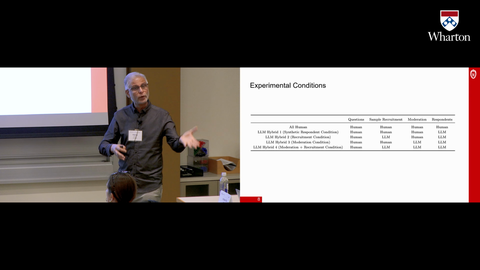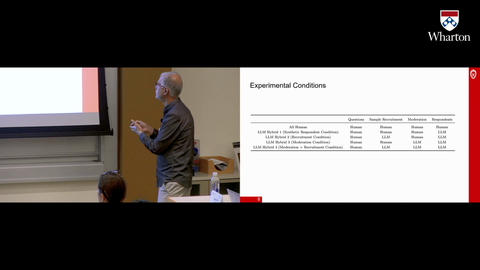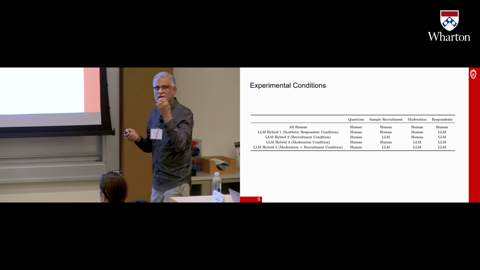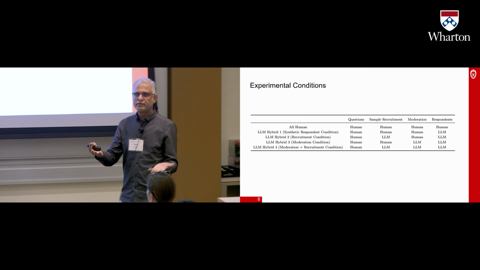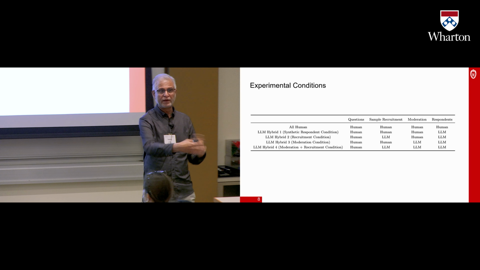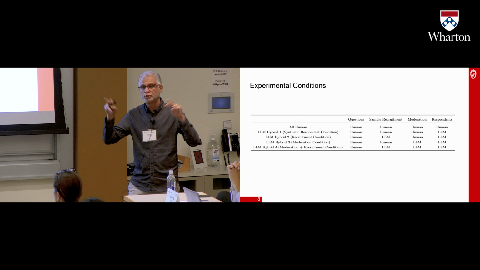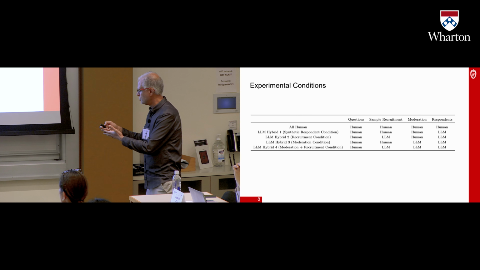That's one version. Another is we generate respondents who were not even in the original study. These are very different people, whom the LLMs tell us will be useful to talk to, and then we generate those data.